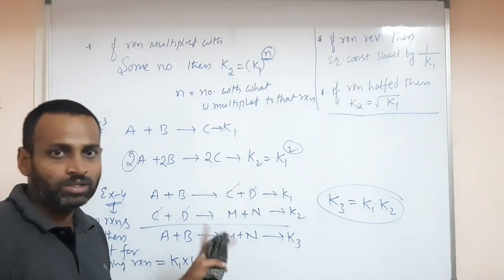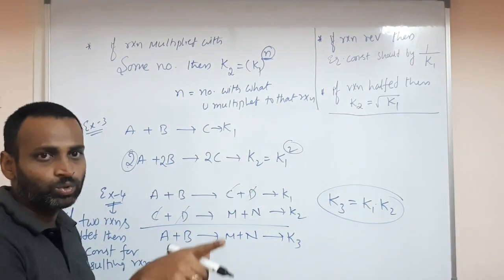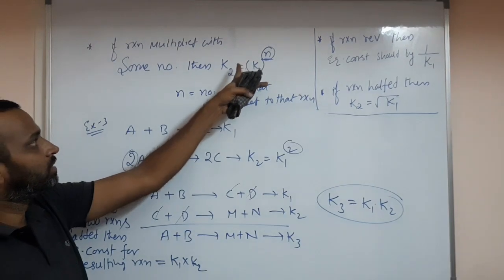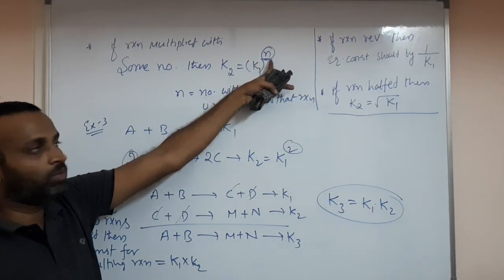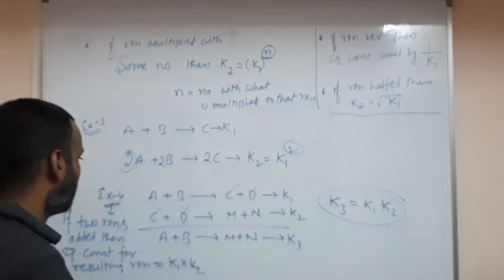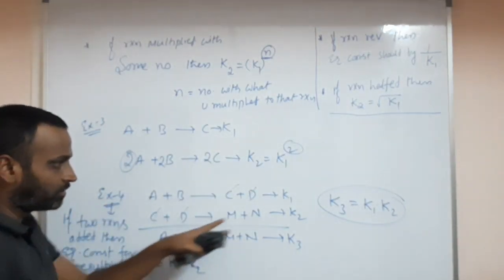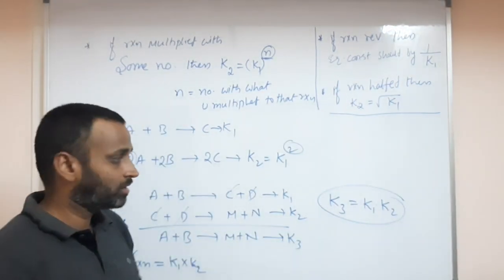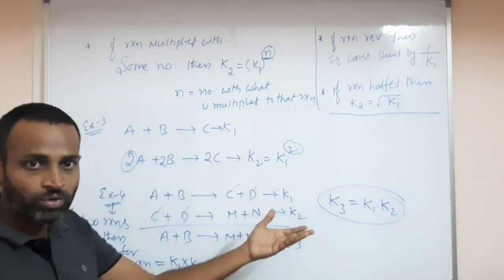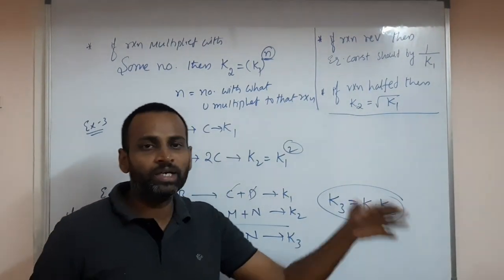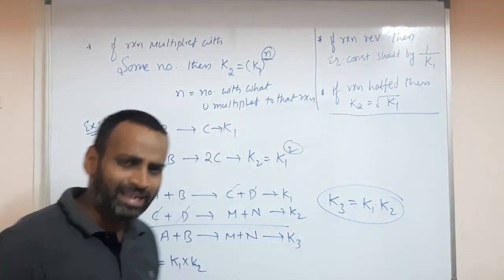So this is very important. When a reaction is reversed, 1 by K. When a reaction is halved, root. When a reaction is multiplied with some number, that number you have to take as the power of the initial equilibrium constant. When two reactions are added, then K1 into K2 for K3. If three reactions are added, the resulting one is K4, so K1 into K2 into K3. Very simple.